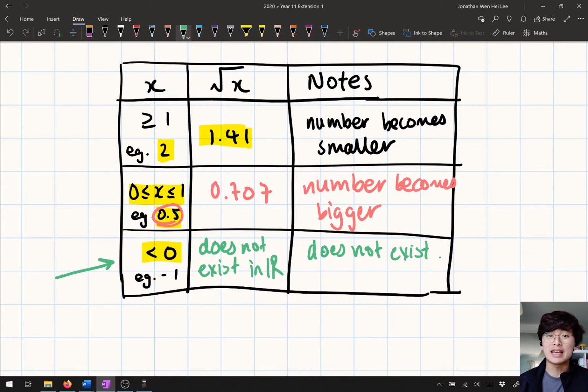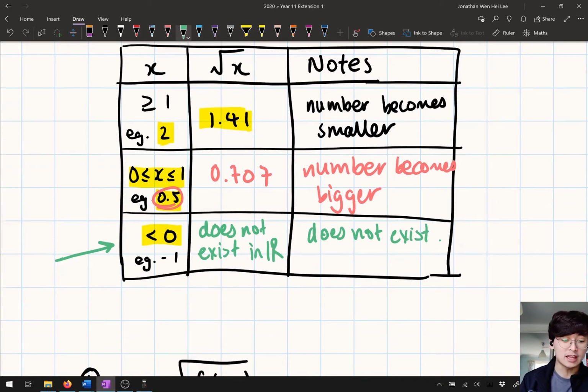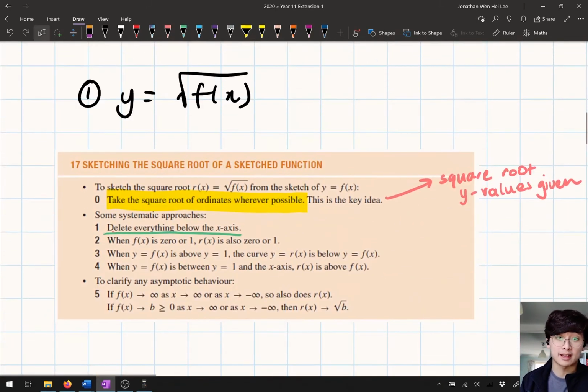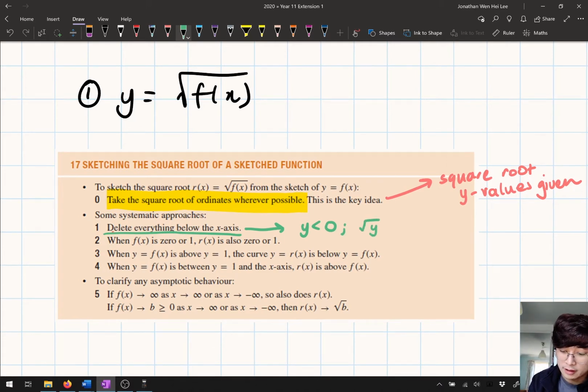So we need to delete all of those values. If you see anywhere on your graph where it's below the x-axis, we're just going to ignore those parts. Because y is less than 0, we cannot take the square root. Square root y does not exist for those values. So if we have anything below 0, we have to delete it.